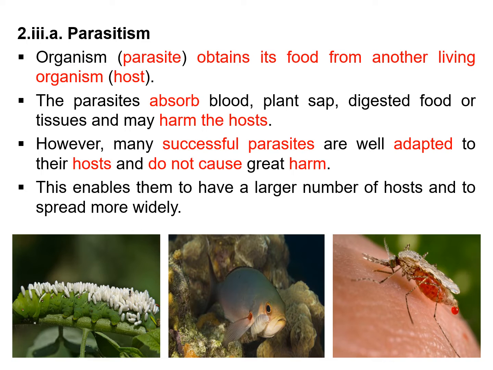However, many successful parasites are well adapted to the host, and at the same time do not cause any harm to the host. This enables them to have a larger number of hosts and to spread more widely.